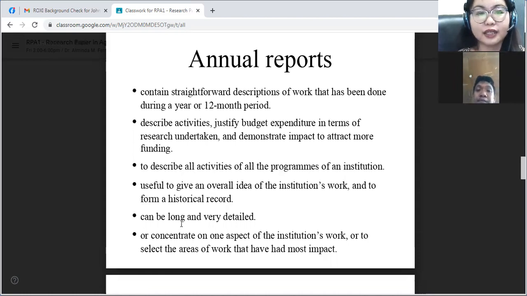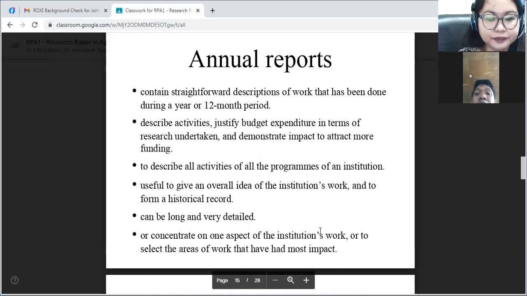The DA distributes a lot of resources, for example seedlings and machineries, but they have to publish it. They have to make a written record. So those are annual reports, and that's why they can be very long and detailed.